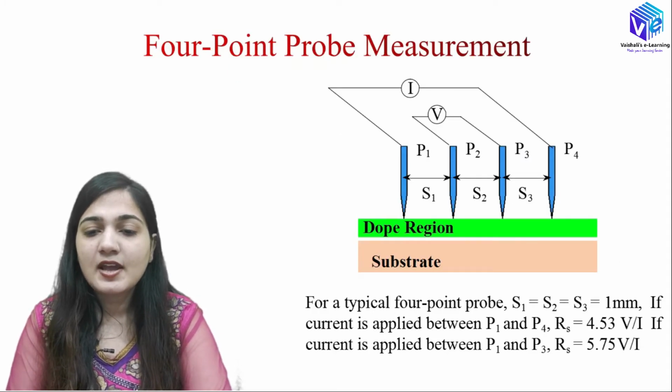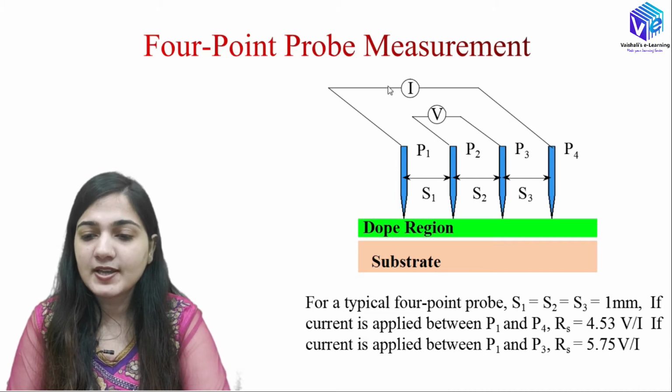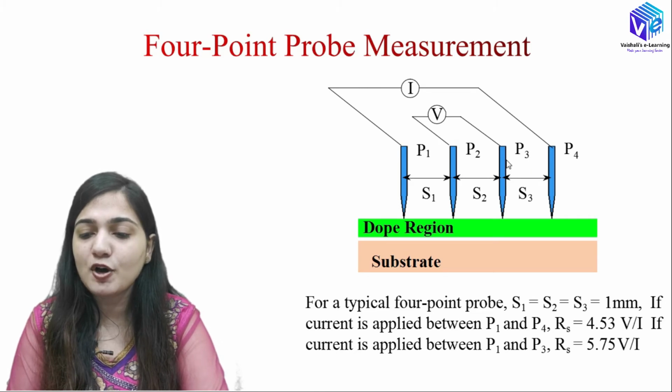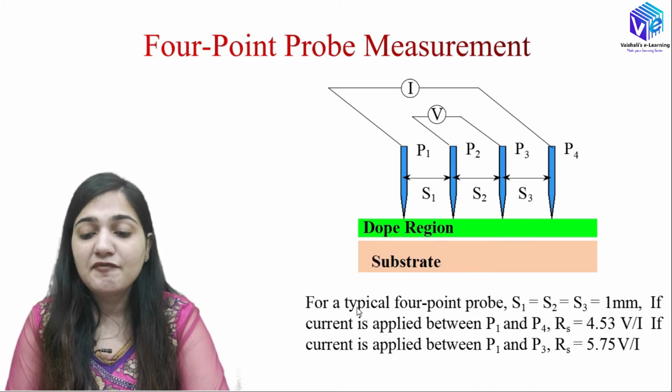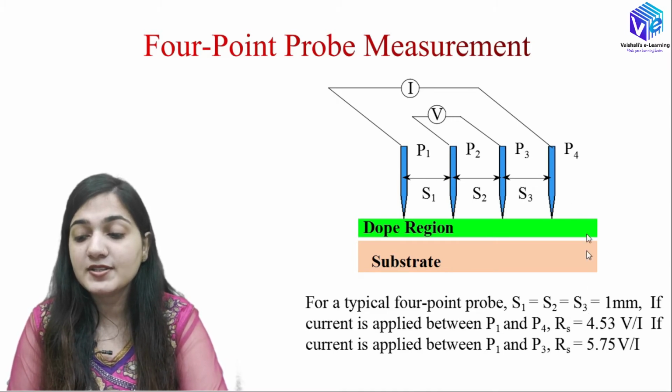So you can see the 4-point probe measurements here. In the first and the 4th probe I am sending the current, and with the help of the 2nd and the 3rd probe I am measuring the voltage. This is my doped region. Over the doped region I have placed all 4 probes, and below it I have the substrate. In a typical 4-point probe, S1 equals S2 equals S3, the distance between all the probes is the same, equal to 1 mm.